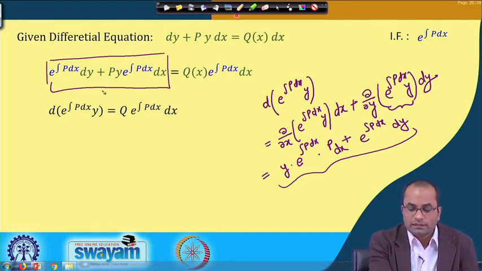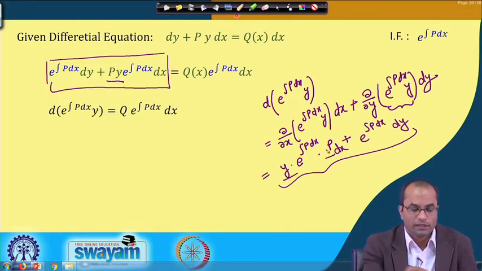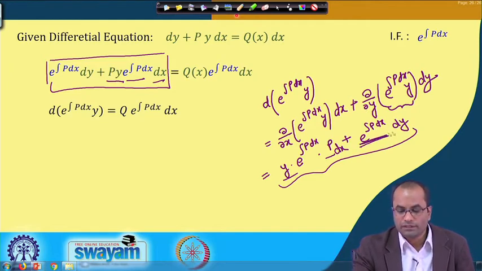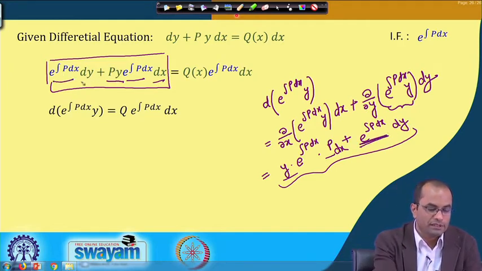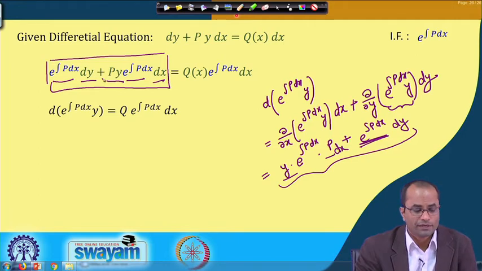So, exactly that is what we have here: p times y times the exponential term with dx, and e to the power of the integral of p dx with this y as the dy term.